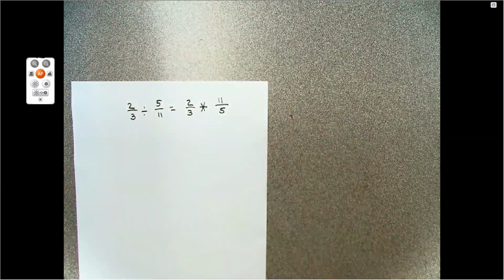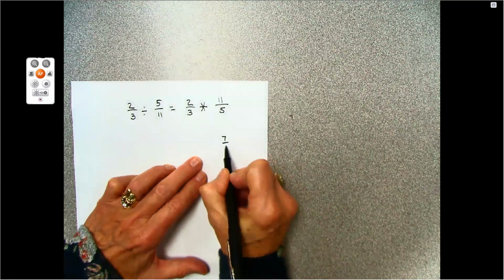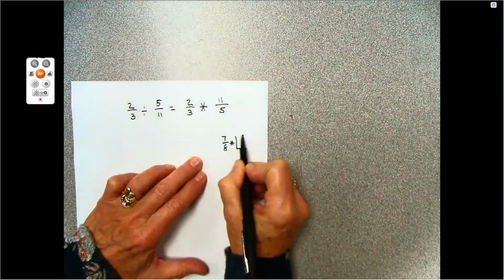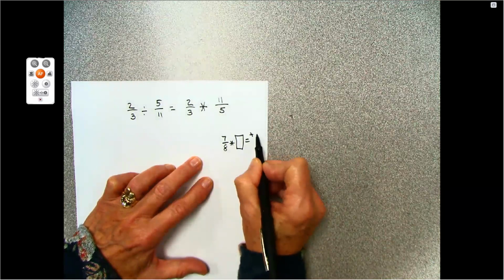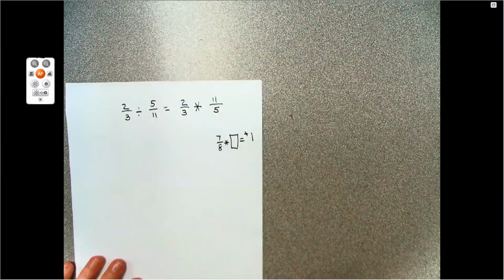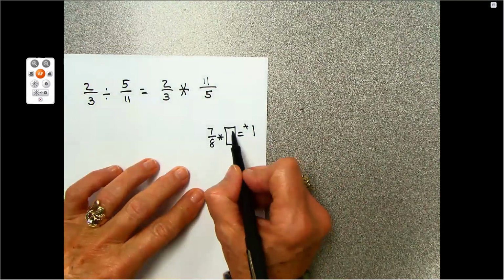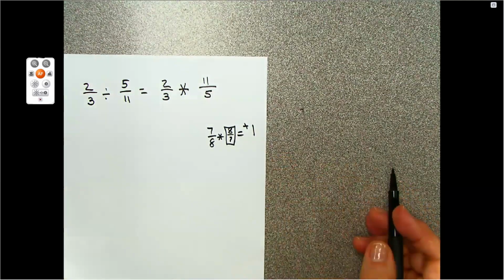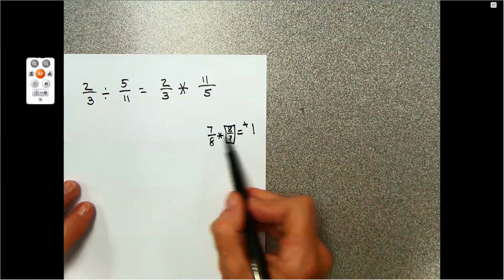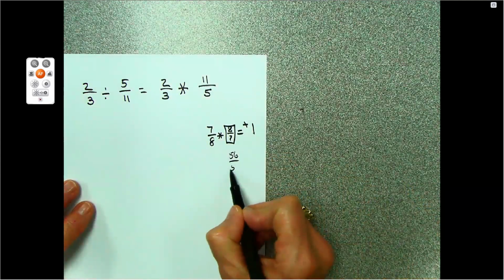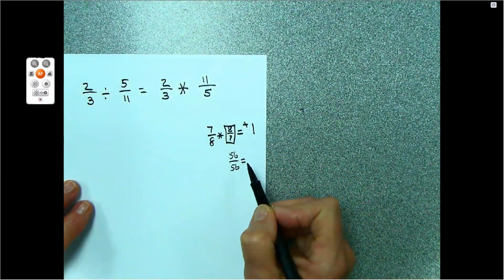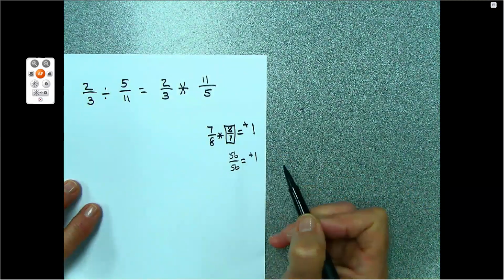Reciprocal, flip it, and keep the sign. 7/8 times what equals positive 1 is the definition of our reciprocal. So 7/8 times 8/7. Reciprocal, flip it, 56 over 56. That's right, isn't it? 7 times 8 over 7 times 8 is positive 1.